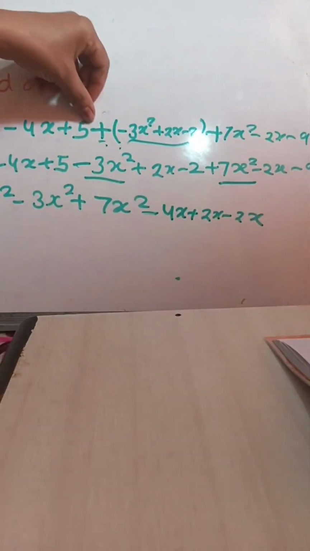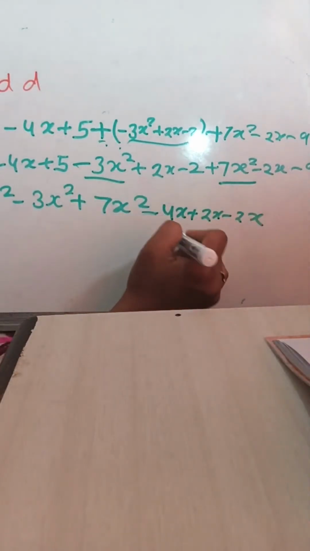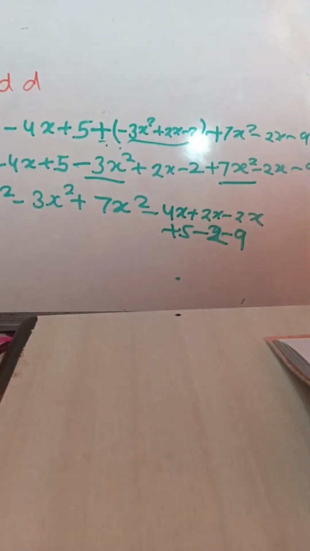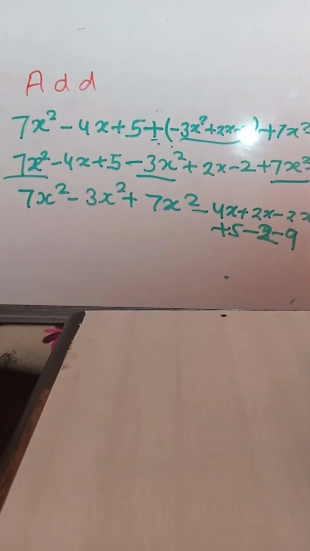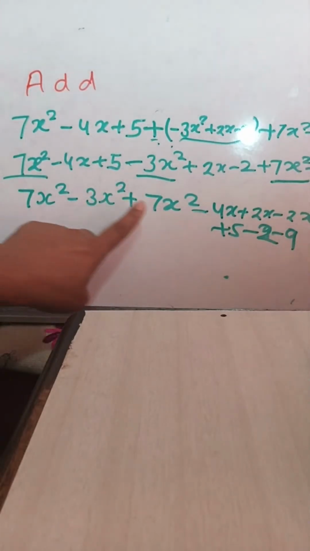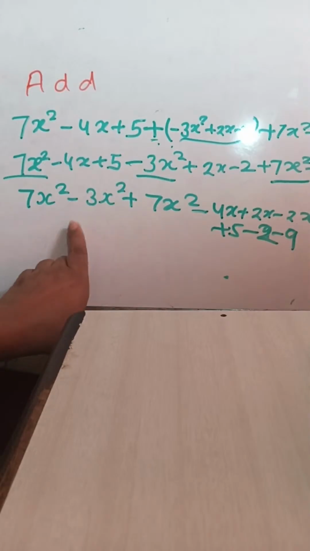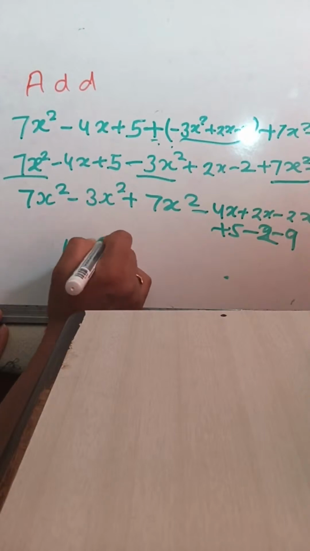Okay. Now plus 5 minus 2 and minus 9. Now 7x square minus 3x square plus 7x square. 7 and 7, 14x square. 14 minus 3, 11. So we have 11x square.